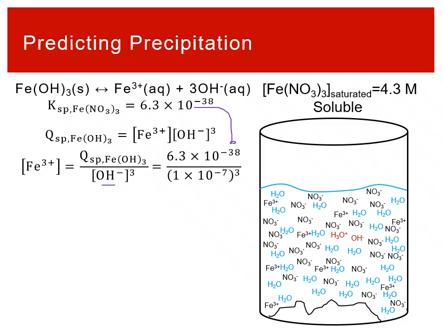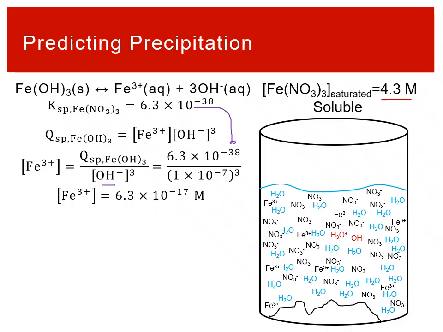And so we can figure out what concentration of Fe3+ will cause precipitation of iron 3 hydroxide in a solution where the pH equals 7. And we end up getting 6.3 times 10 to the negative 7th molar, which is really low. And importantly, way lower than the 4.3 molar of Fe(NO3)3 that we would predict for the saturation.